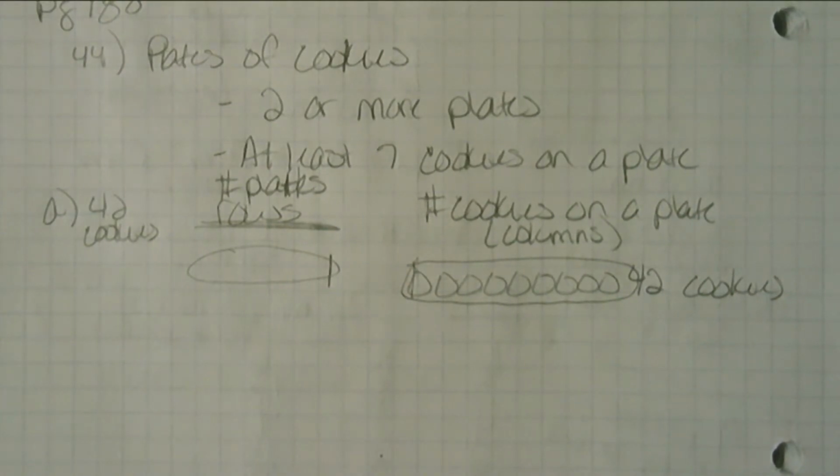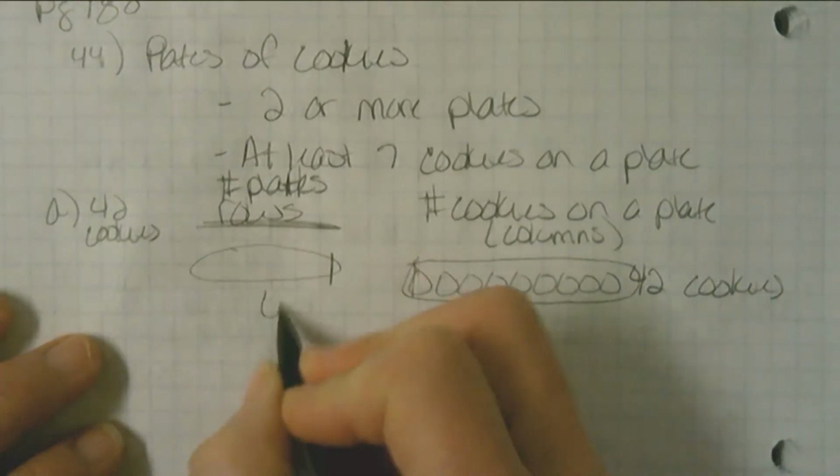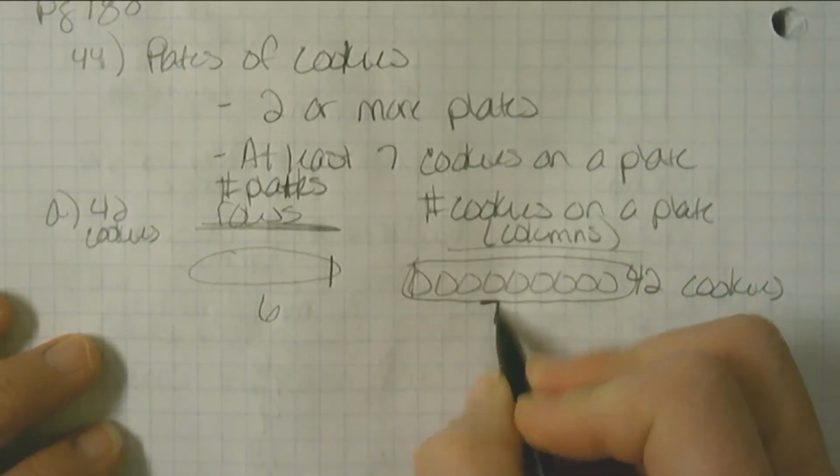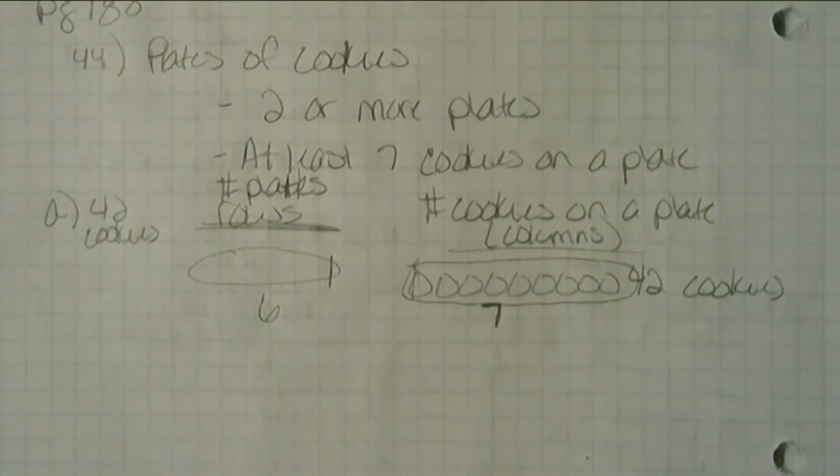Give me another pair, factor pair. Remember, these are factor pairs of 42. So 1 and 42 is a factor pair. What's another factor pair of 42? Aaron? 6 plates, 7 cookies on a plate. What's another factor pair? Jack?